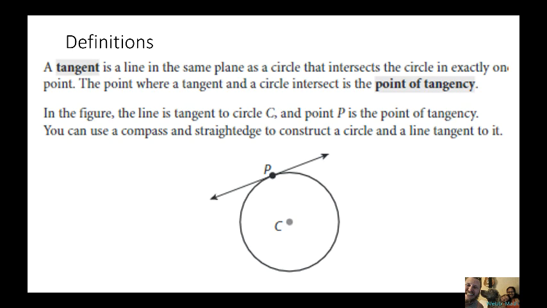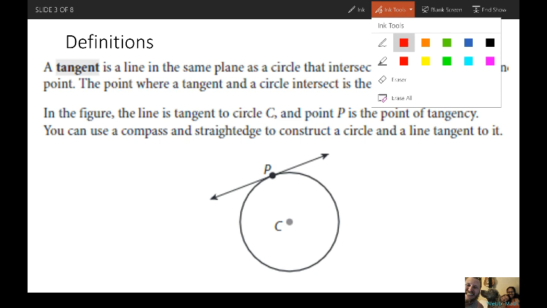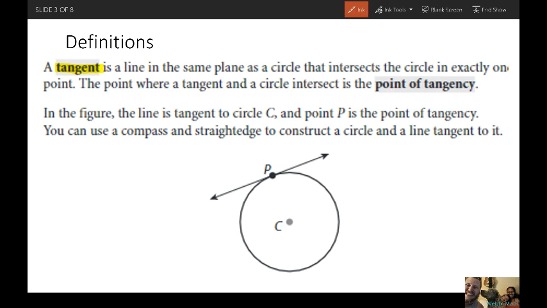First things first, definitions. We have to go across some definitions. A tangent is a line in the same plane as a circle that intersects the circle in exactly one point. Okay, 1 point. The point where the tangent and the circle intersect is the point of tangency.